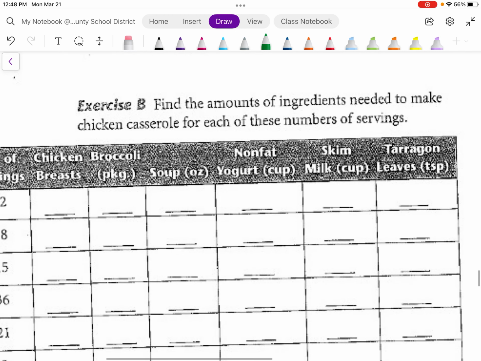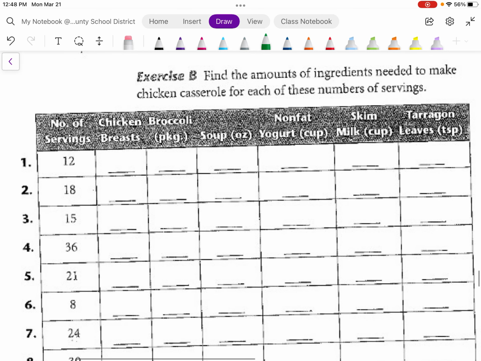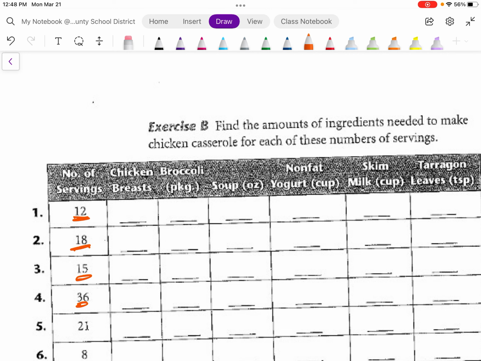And with that, here's how you're going to finish up today's notes. You're going to find the amount of ingredients needed to make chicken casserole for each of these different servings. These are the number of servings, so they're going to change every time. I think it would be helpful for you to write down the original amount.